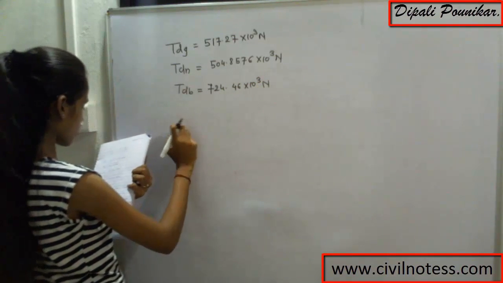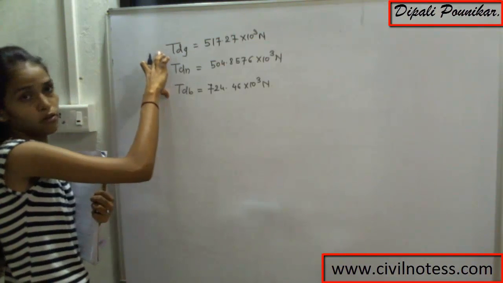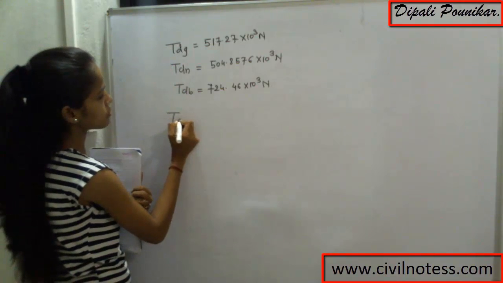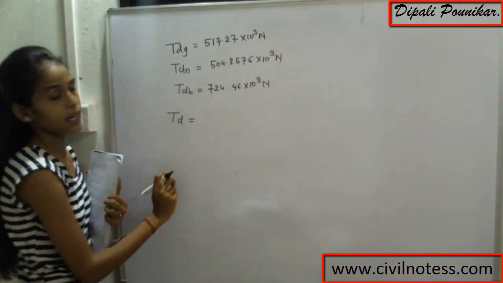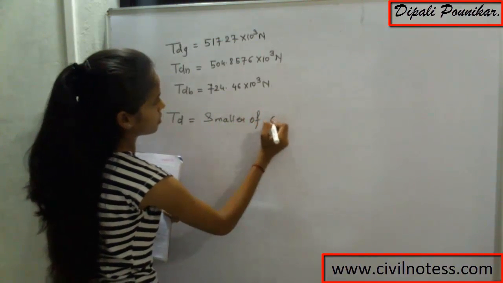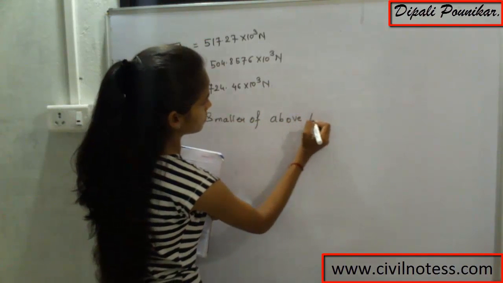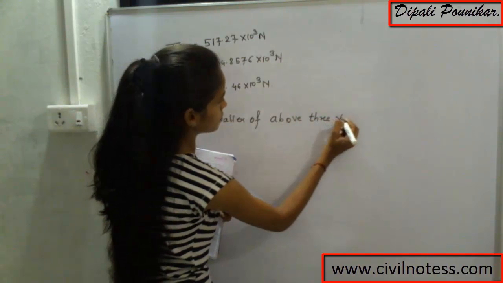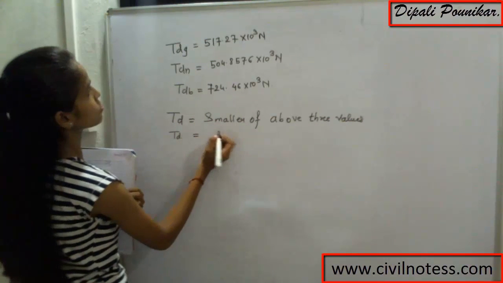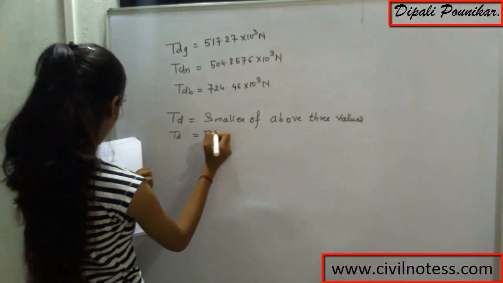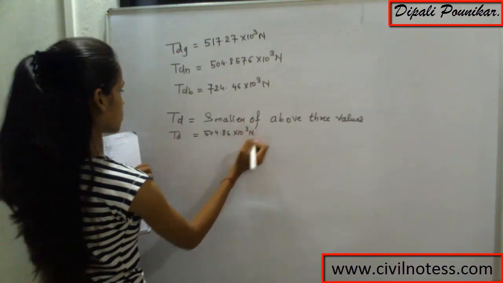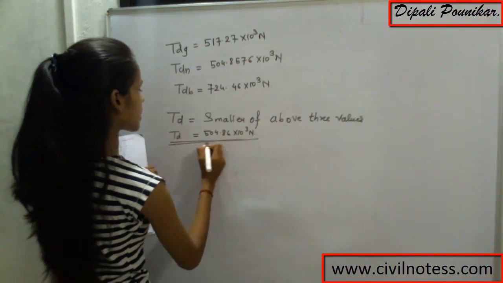We have to choose the smaller value of the above three values, that is TDG, TDN and TDB. This is the value of design tensile load, that is TD. The smaller of the above three values, that is TD equals 504.86 into 10 to the power 3 Newton.